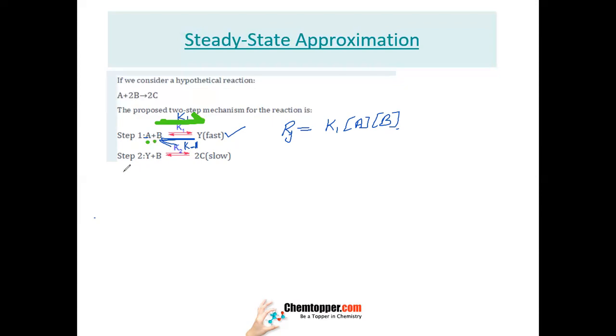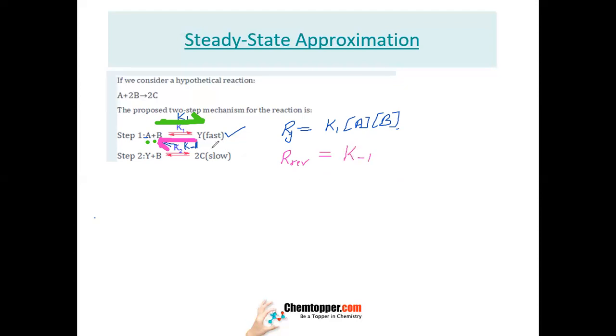An elementary step is an elementary step, so I can write like that. And the rate for the reverse direction, now I'm talking about this one, in that case it is K minus 1.